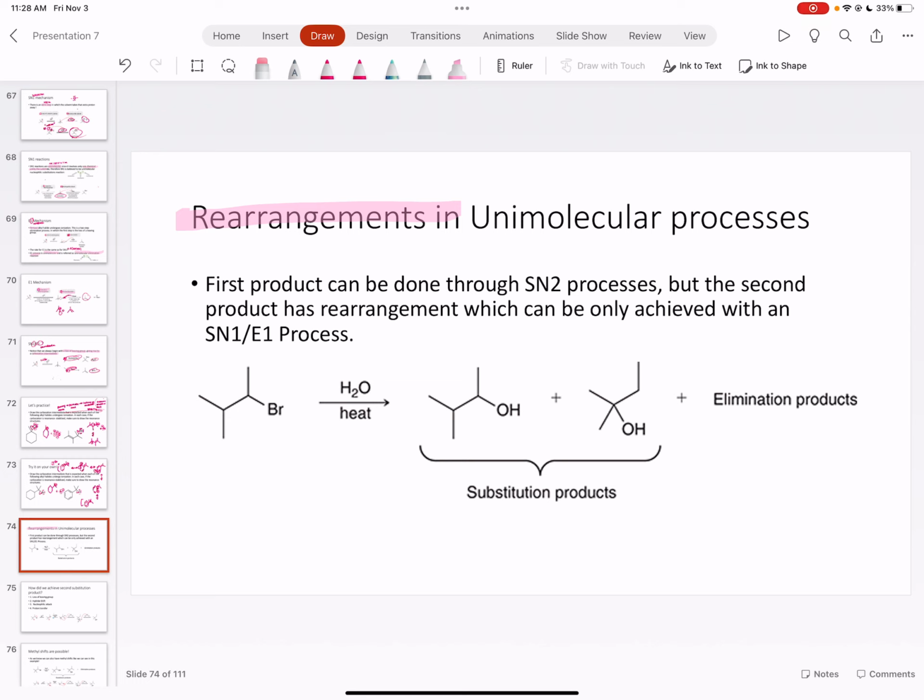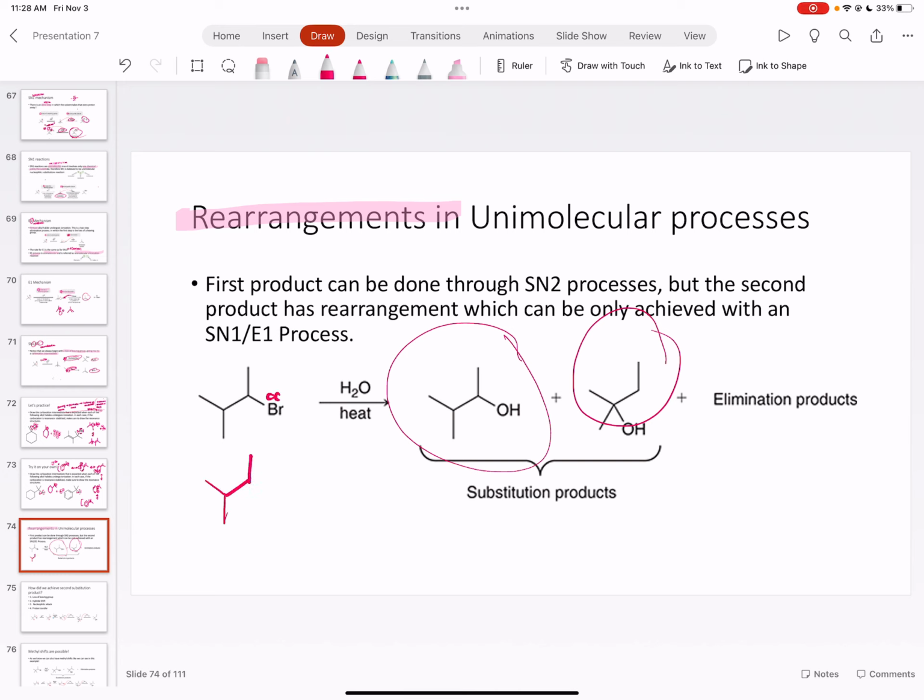Okay, so if you look at this one down here, we can totally do that by a substitution reaction without any rearrangements. But then you can see that the second product looks a little bit odd, right?